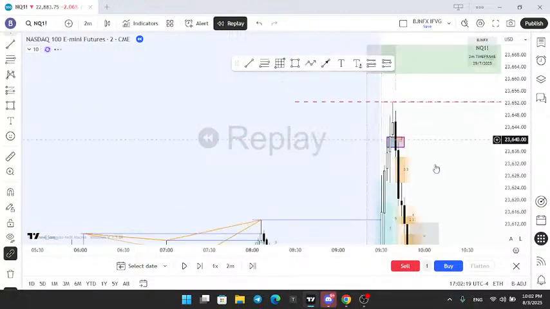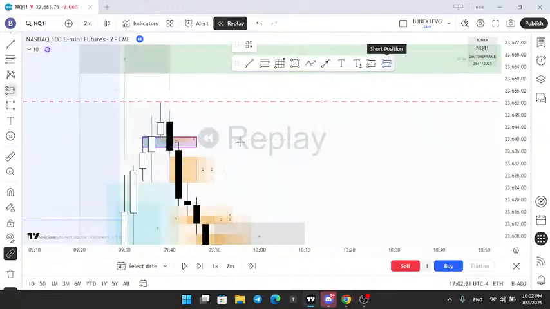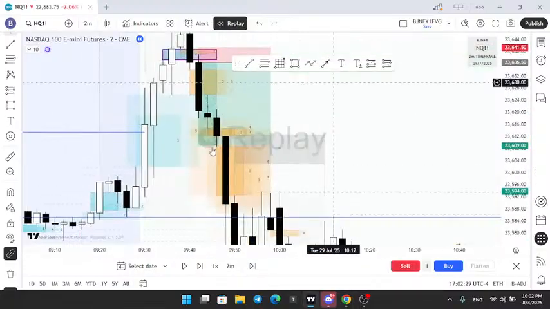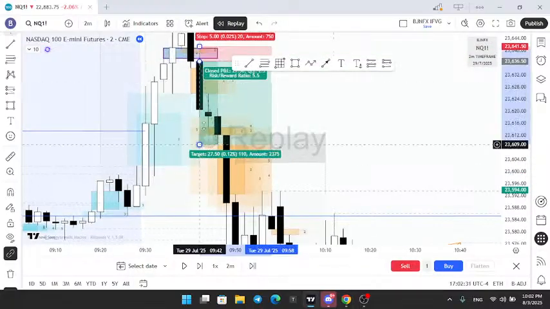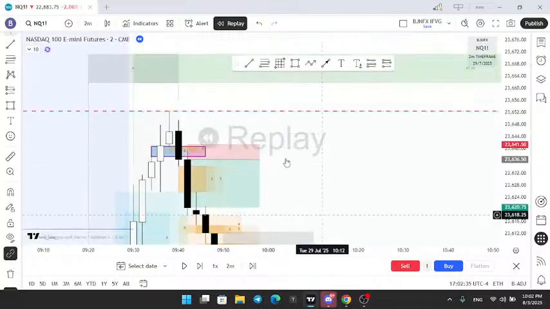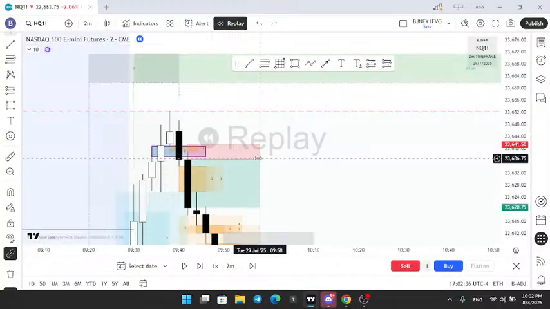The only bad confluence about it was that it was at all time high, ATH. So we only take our 3R and run away.